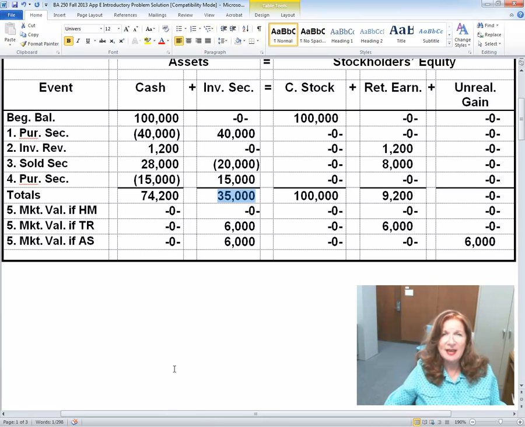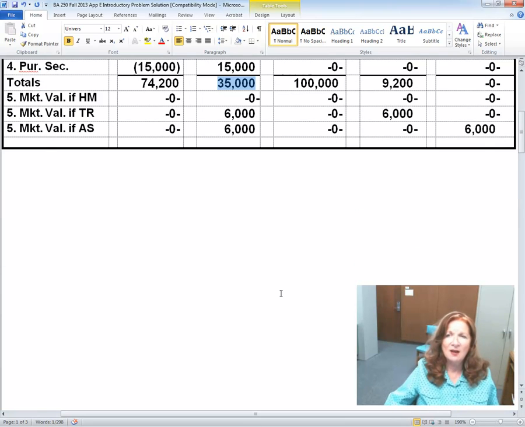So there's a $6,000 gain because they've gone up in value according to what the Wall Street Journal is telling us, or what the New York Stock Exchange is telling us, or whatever source we're using to find out the values of these stocks. We're looking at them as a portfolio, all the stocks together. They went up to 41. They have a historical cost of 35. So now we have a $6,000 gain.